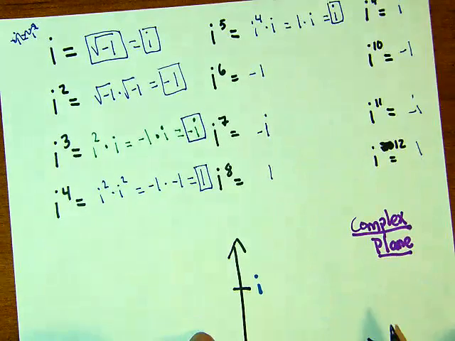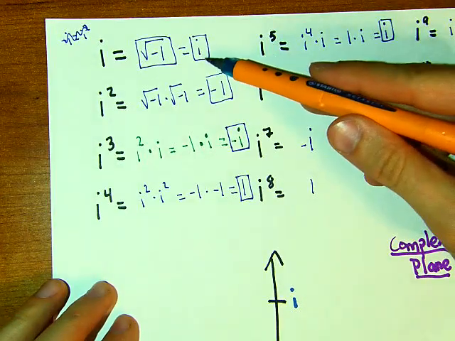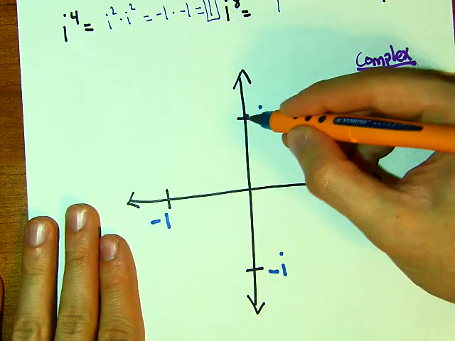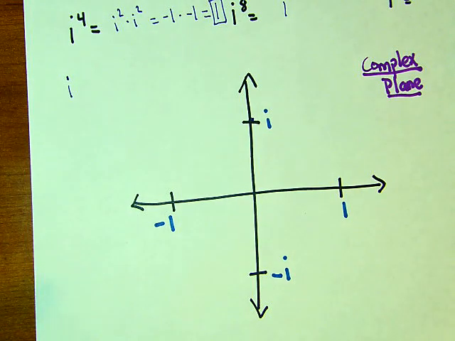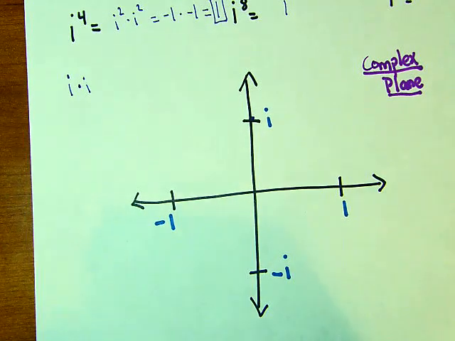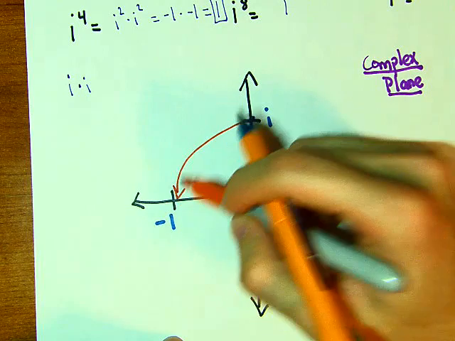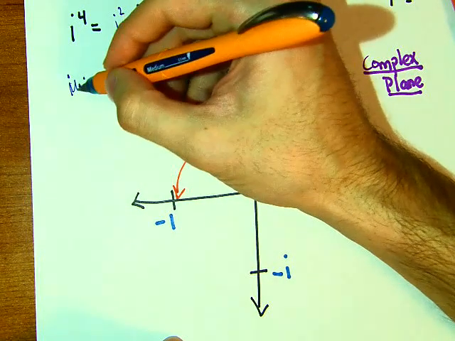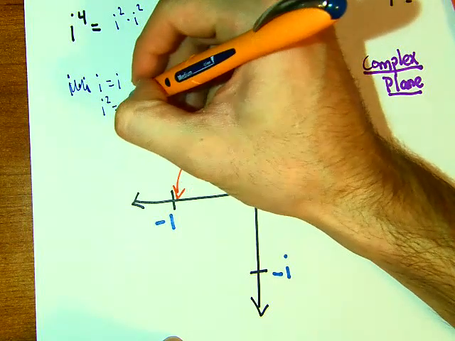And if you're thinking, how does this work? Well, let's take a look at it. Let's say we're at i, right? Imagine we're here. So let's do 1i. If we multiply by i, don't you remember what happened? It would be a 90-degree rotation. So i times i is minus 1. So here, i squared is equal to minus 1.